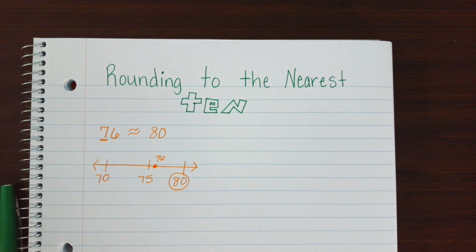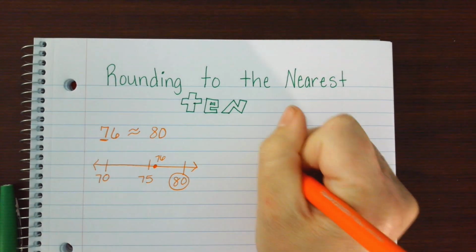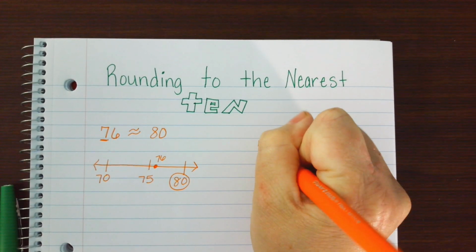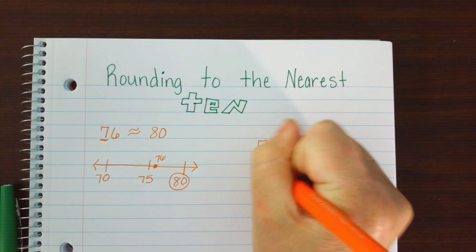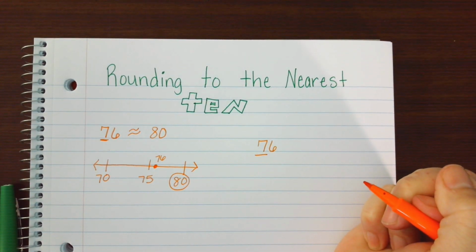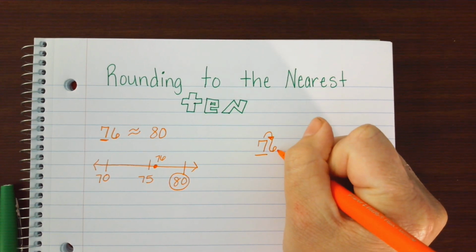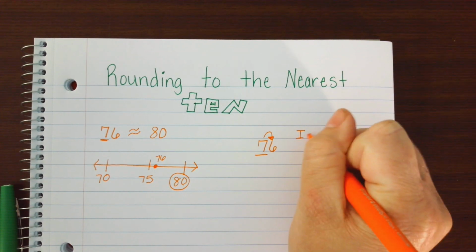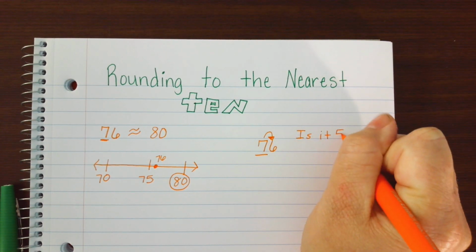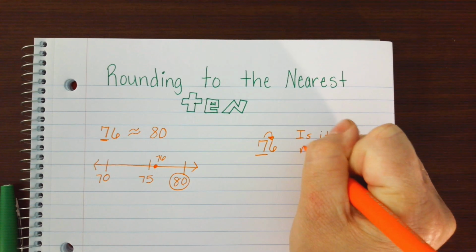Where we start struggling a little bit, oh, wait just a second before I show you that. So there's another strategy. You can go 76, underline what you're rounding to. You're rounding the 10s. Go next door. Ask yourself, is it 5 or more?